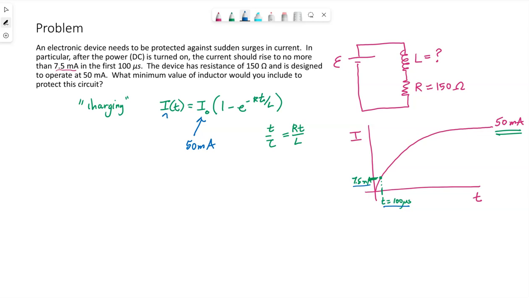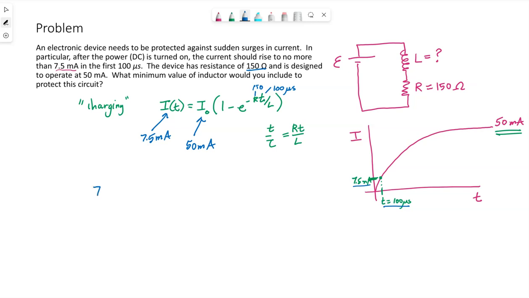So we can plug in the 7.5 milliamps for I at the time t of 100 microseconds. We were given the value of R as well. So the only unknown we have in here is L.